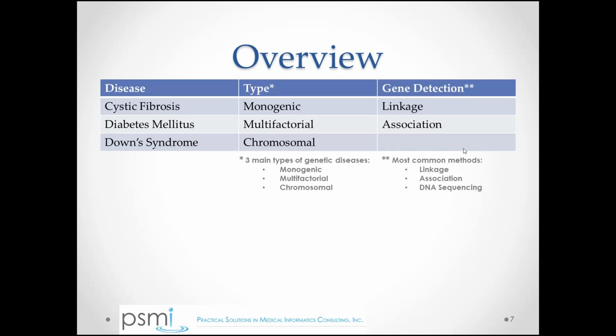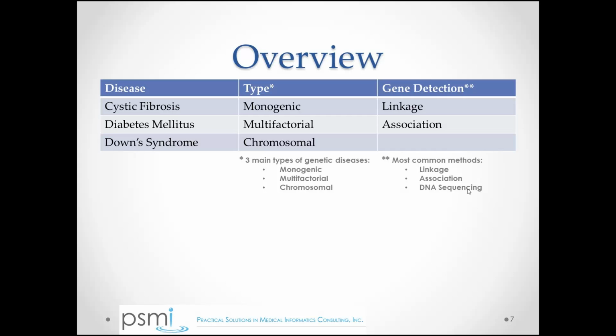The other thing I wanted to try to do today was to take you through the whole process that went from, okay, you take cystic fibrosis or you take diabetes, and at some point, someone came to the realization that these were genetic diseases, okay? So how was it that people came to the realization that these are genetic diseases?